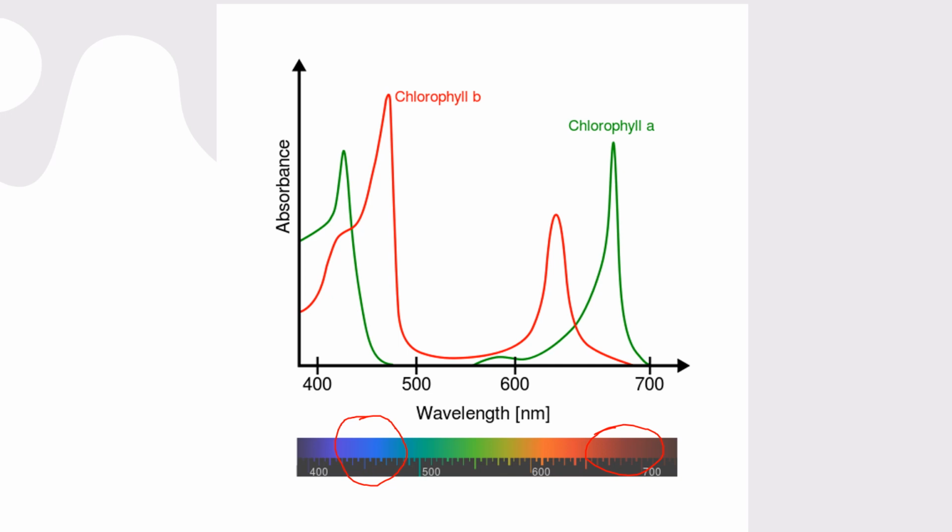And that makes sense because you'll see green light here is the least effective in photosynthesis. That's because the pigment chlorophyll is green, so green is going to be reflected, not absorbed by the plant. So green light is often the least effective for photosynthesis, and our blues, purples and reds are often most effective. We're going to do a prac that's going to look at this, and it will make a lot more sense then.